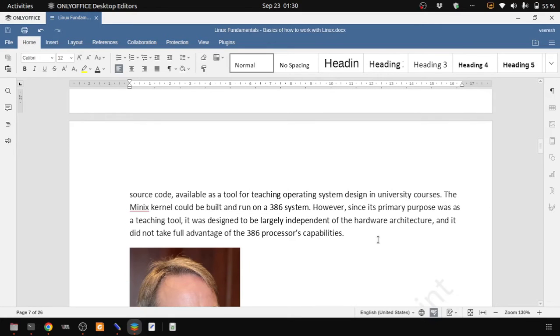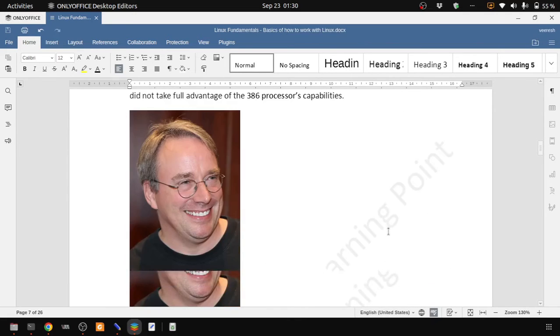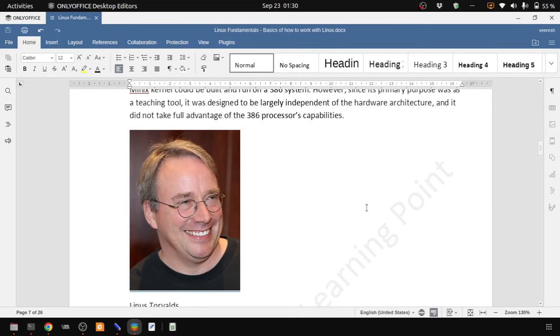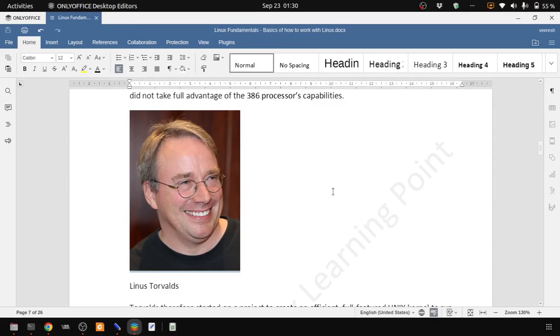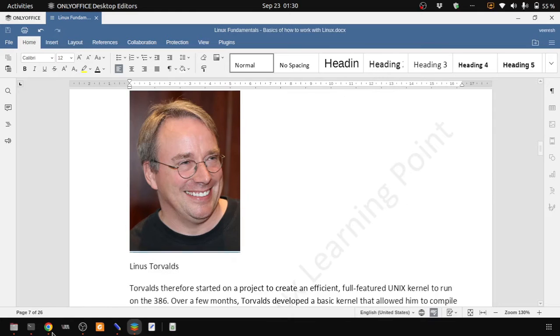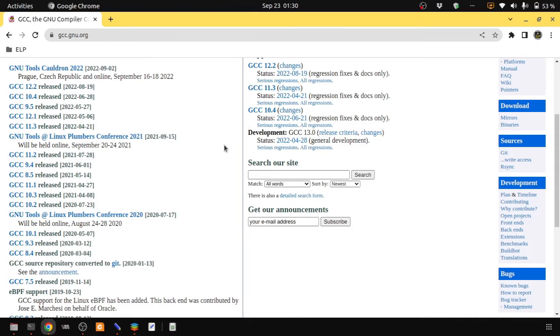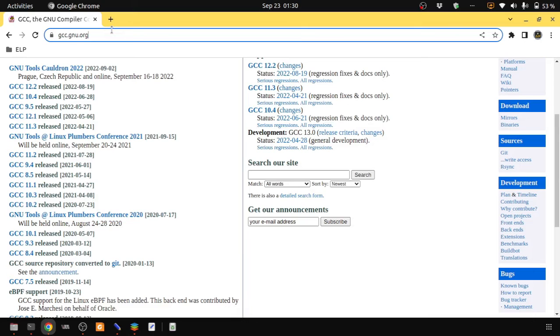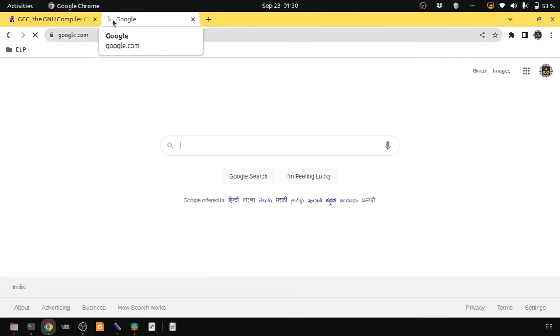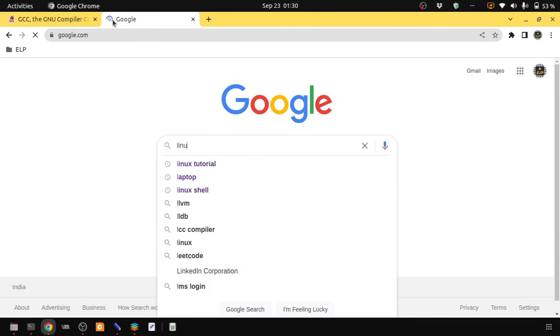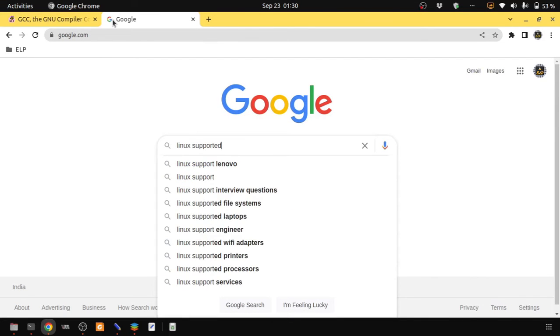and it was only supporting the x86 or 386 processor architecture. So back then there was no ARM or any other architectures that it was supporting. So now we can see Linux supports a lot of other architectures. So let's see the Linux supported architectures.